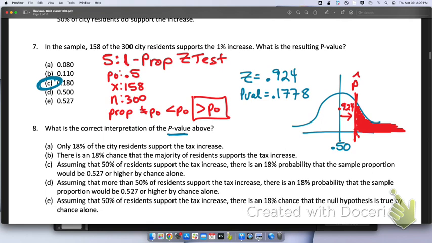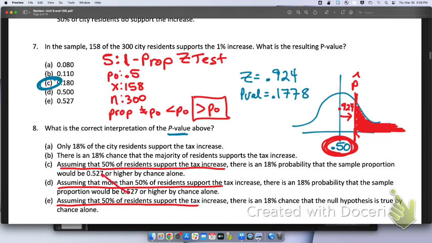So again, assuming the null hypothesis is true, so assuming that 50% of residents support the tax increase, there is a 0.18 or 18% chance. Sorry, I did not see that.